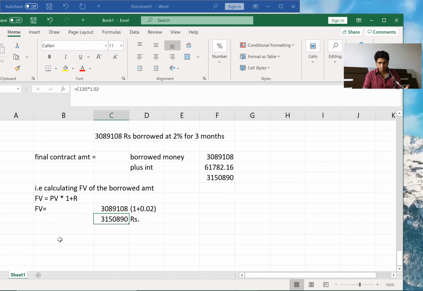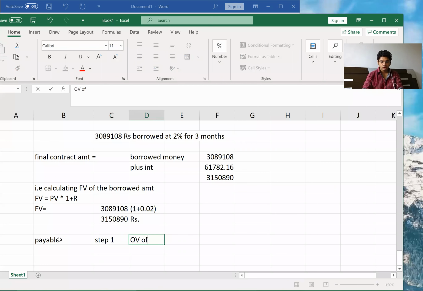So see, in step 1, what did we do? Let us say if it is a payable sum, what happens, and if it is a receivable sum, what happens? If it is a payable sum, step 1: you will calculate the present value of the payable using the foreign country deposit rate.